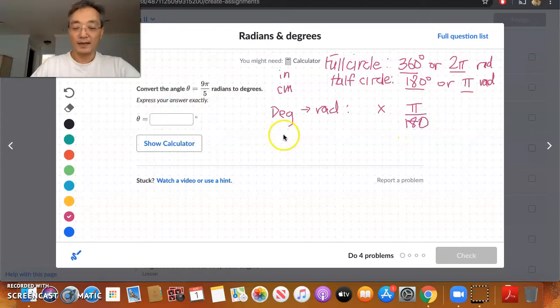And if we want to go from radians to degrees, we're going to multiply by the reciprocal, 180 over pi.